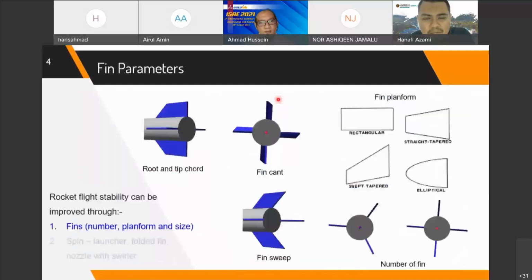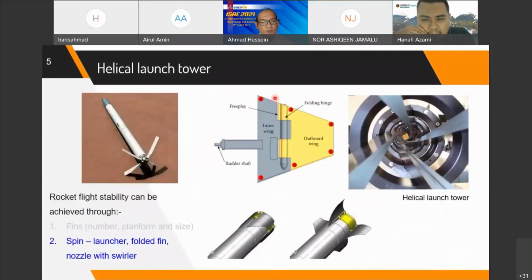So there are two approaches to impart stability. One is through the fin, and the other one is through the spinning motion of the rocket. So do you mean that if you have vanes that can produce more torque, it will be more stable? Yes, and that has been used in many ballistic missiles.